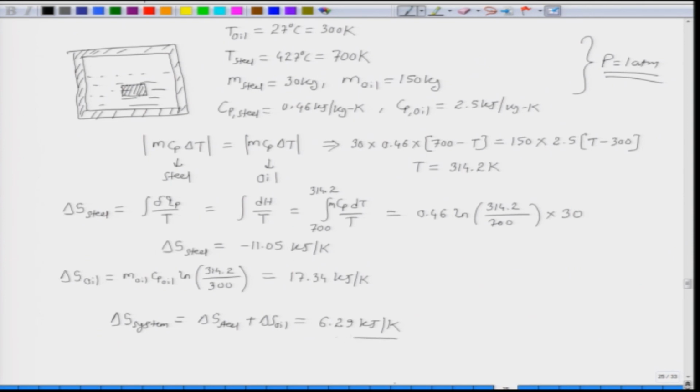So, the net entropy change for the system is positive because it is adiabatic, right. The walls are given to be perfectly insulated, constant temperatures at constant pressure. Entropy is an extensive property, but temperature is an intensive property.